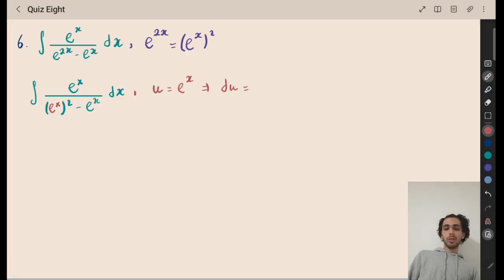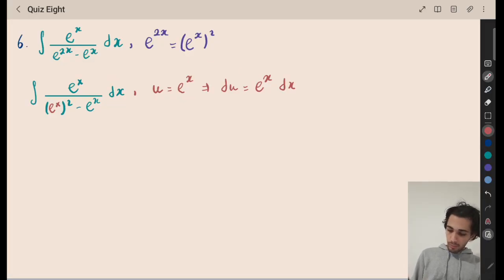So what is the derivative of e to the x? It's also e to the x. And now a question is, do we have e to the x in our expression? And the answer is that we do. Then definitely, with 100% probability, if you choose u to be the inner function and you take the derivative, and the derivative is in your expression, then you should proceed with integration by substitution.